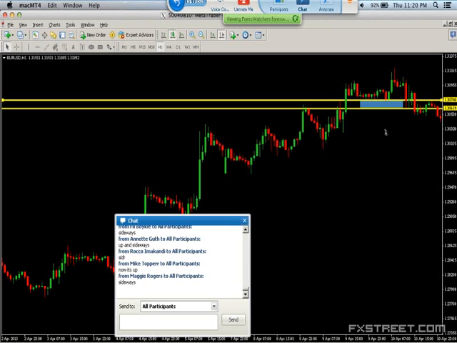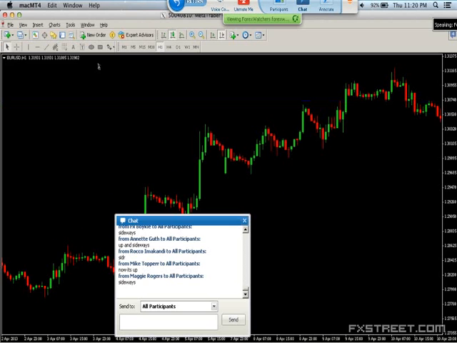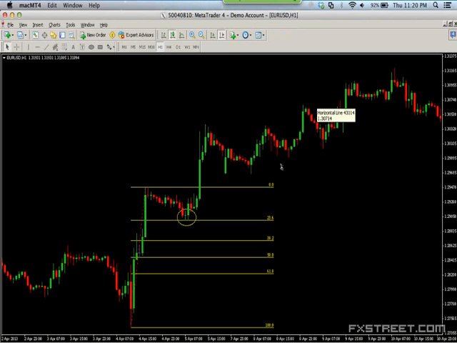Does Fibonacci work so well in the forex industry? If I draw my Fibonacci from here to here, and I see that's a 23% retrace, why do I know that this area is going to work? I can draw my fibs anywhere on the chart. I can sit there and draw fibs all day.